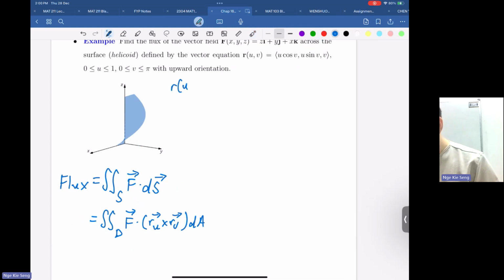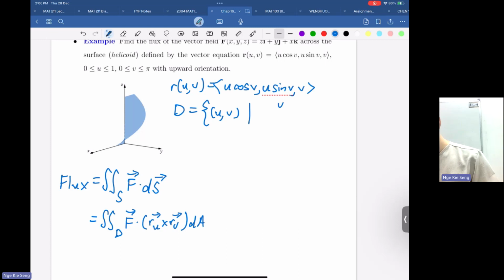We have r(u, v) = (u cos v, u sin v, v). And what is our D? You need to tell me where u and v lie. u lies between 0 and 1, and v lies between 0 and pi.